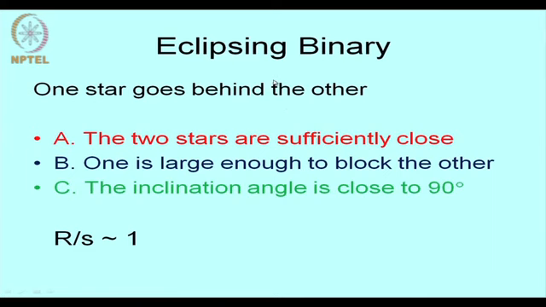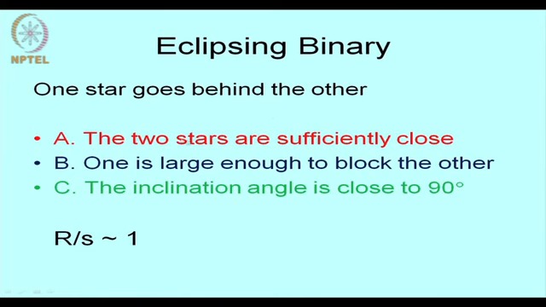So, the question is, how do you know that you have a binary system? Well, you know that you have a binary system because one star goes behind the other, creating an eclipse.